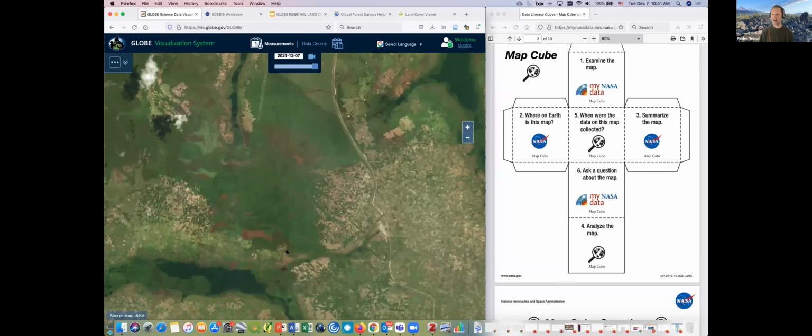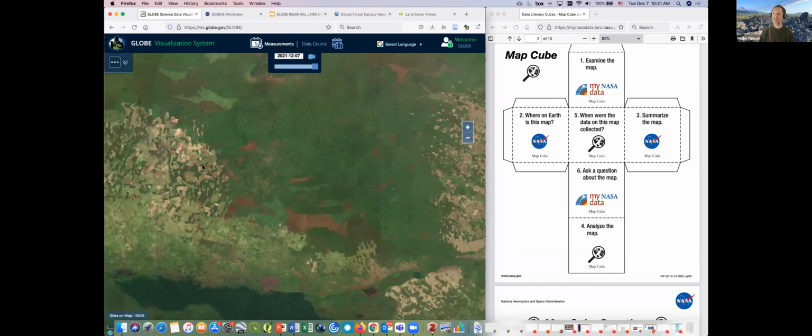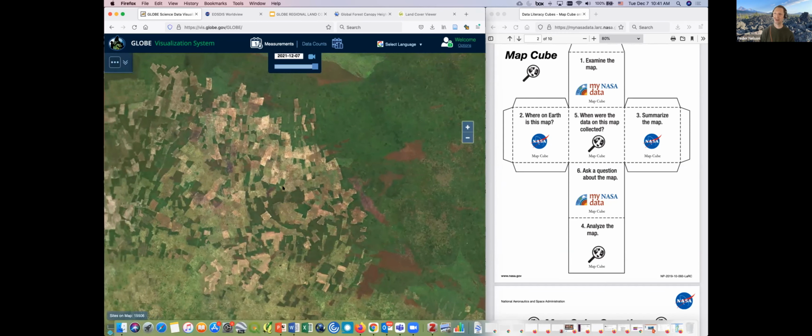But what becomes really obvious is you can start to see how people are managing landscapes. This is very similar to when we were looking in Southeast Asia and in India last time. You start to see these patterns. Sometimes they are rectangular, sometimes more of a polygon shape, but you get these geometric patterns on the landscape, and that almost always tells us that people are doing something here.